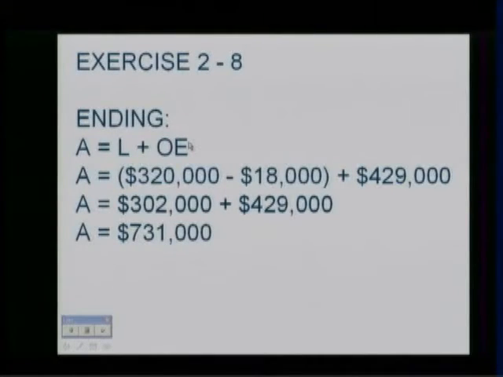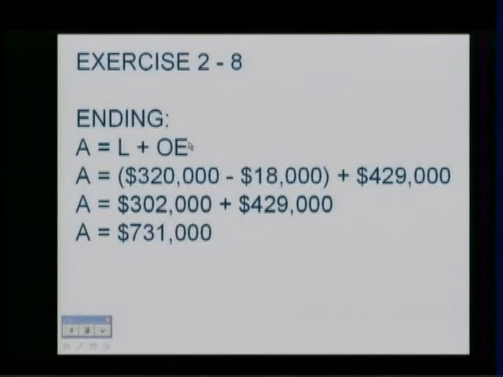Now, for a really difficult question, let's look at exercise 8. This is one I want to kind of give you a start on and let you go think about it as you work through the next few problems. In exercise 8, they give you the beginning balance sheet showing $320,000 of liabilities.